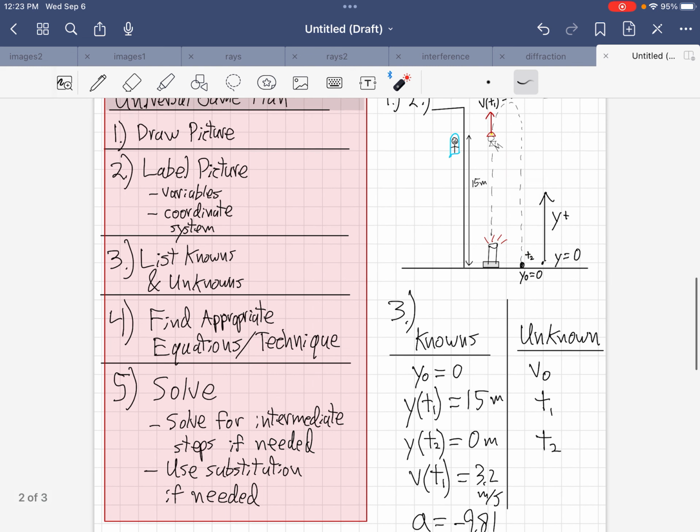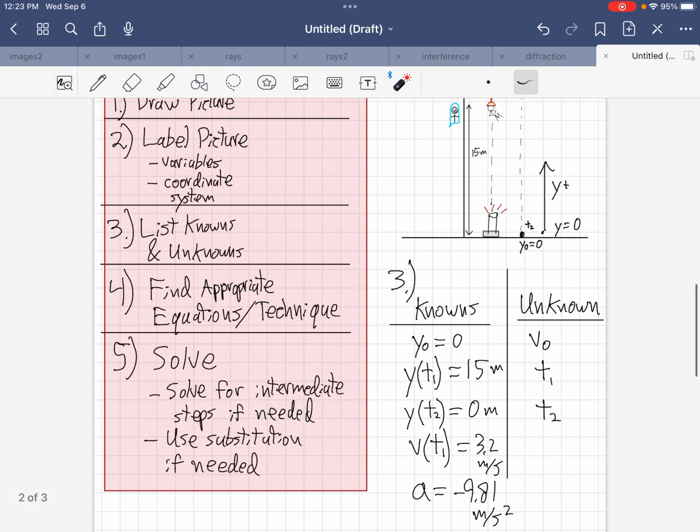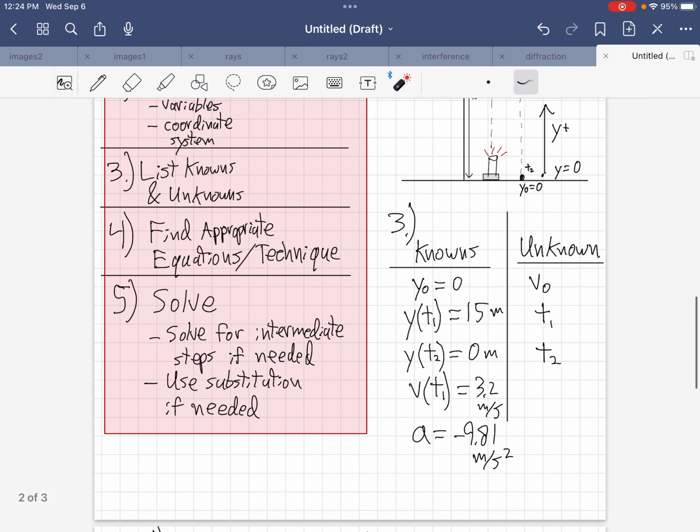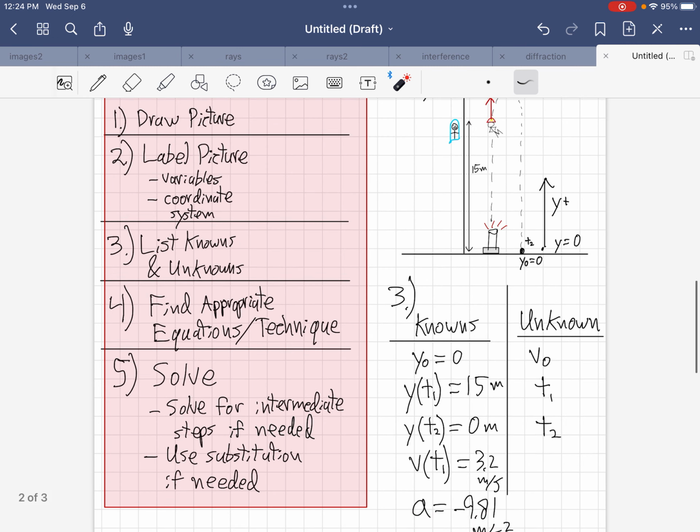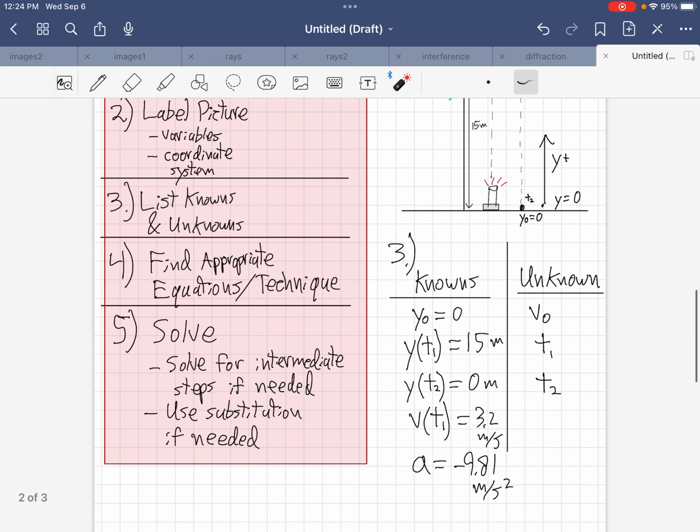We also know that when he's flying past our window, his velocity is 3.2 meters per second. And we know this is a free fall problem, so acceleration is negative 9.81, negative because gravity is pointing down, and we said up is positive.